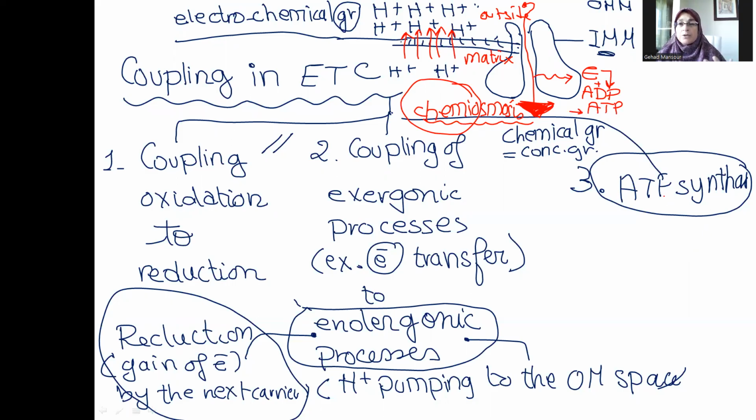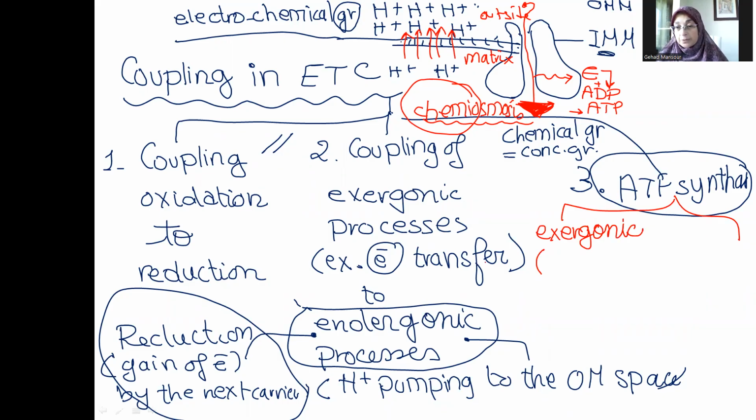So what kind of coupling do we have in the function of ATP synthase? We actually have two types of coupling for ATP synthase. Again, we couple an endergonic process with an exergonic process, or actually, we have to start by the exergonic. What was the exergonic process in this step?